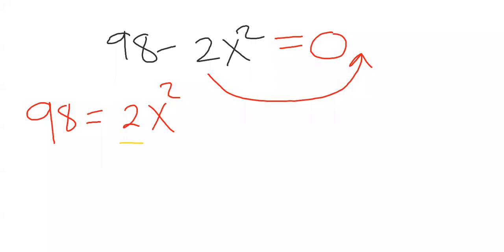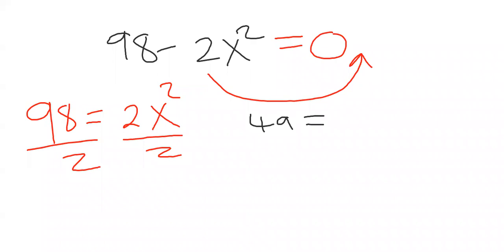And the answer is no. Then I said, if the answer is no, it means you have to divide everything by 2, and we do that on both sides. So 98 divided by 2 gives us 49. Then 2x squared, this 2 will just cancel this 2, so we are left with an x squared there.